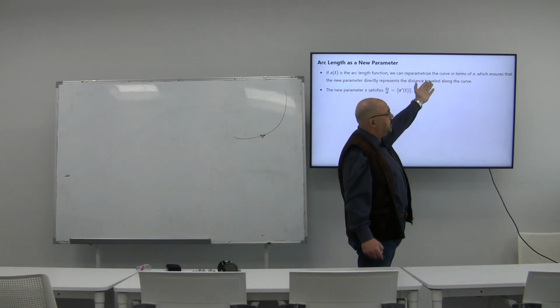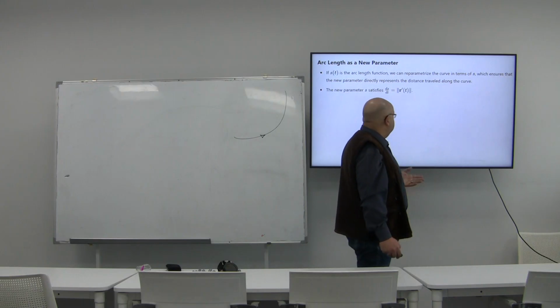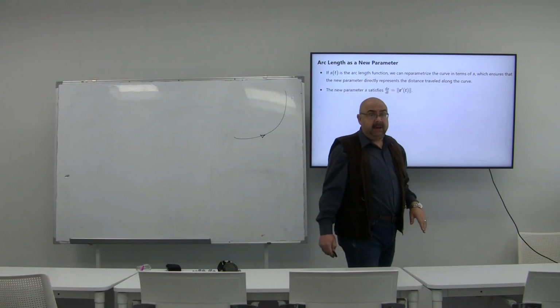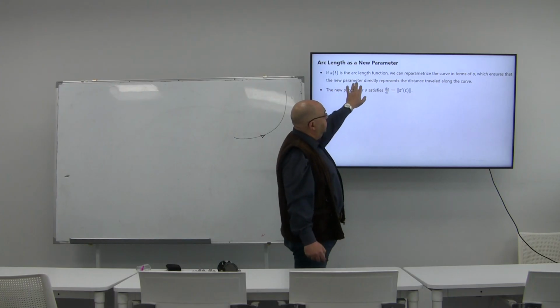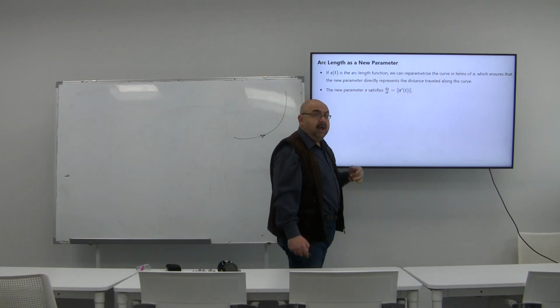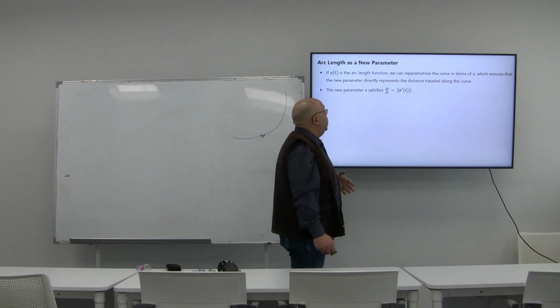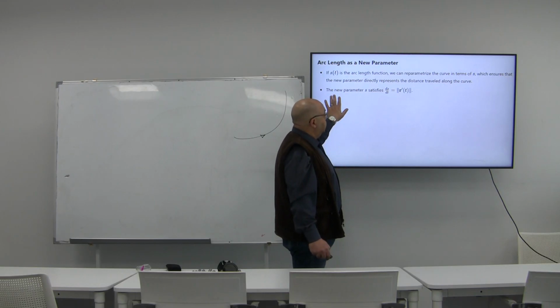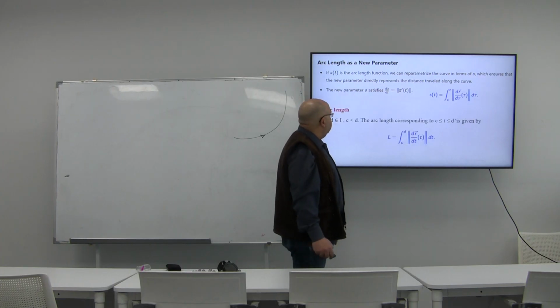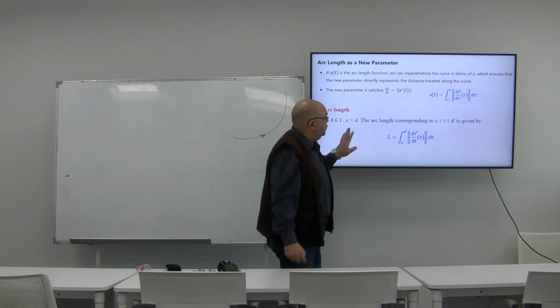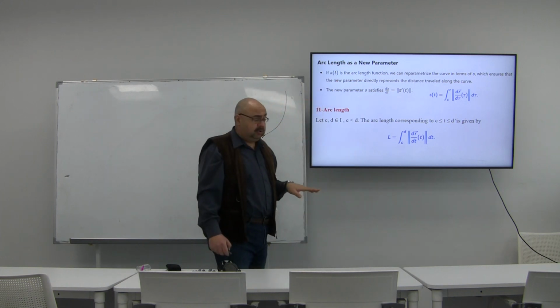We can parameterize the curve in terms of s, as we will see through the coming example. This means the new parameter directly represents distance traveled along a curve, and it will satisfy that ds by dt equals the magnitude of r dash.